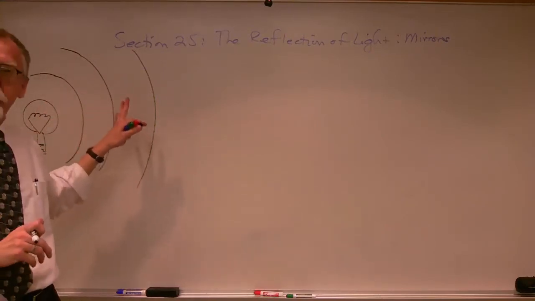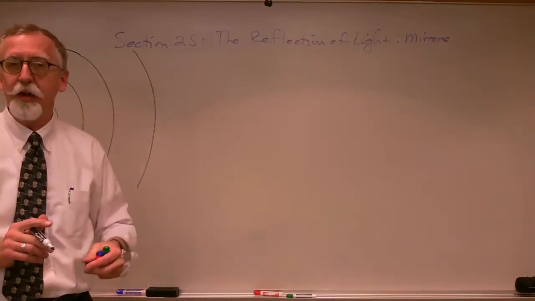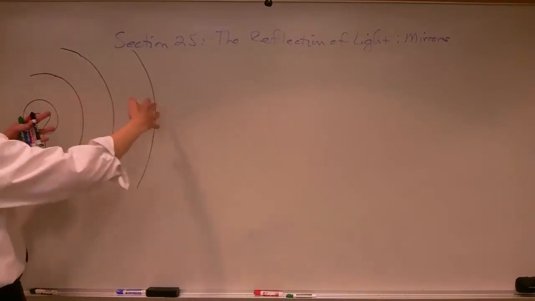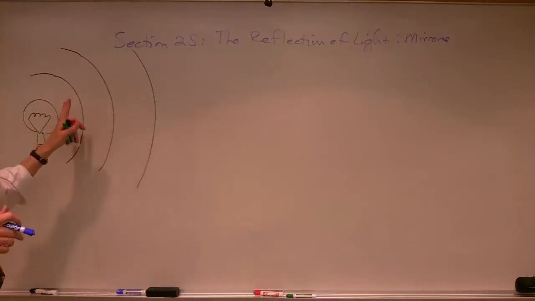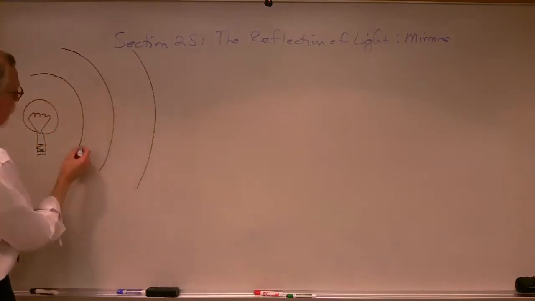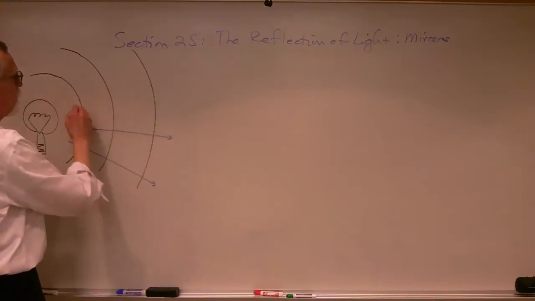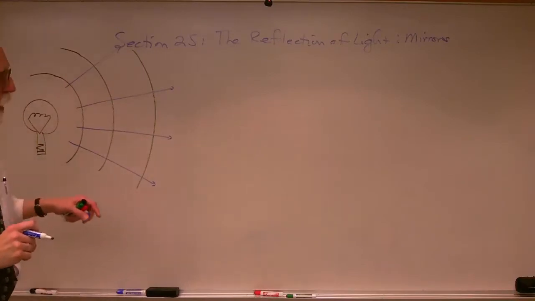Rather than looking at the peaks of the waves, we can also look at the direction these waves are traveling. So rather than looking at just these peaks that are then expanding outwards, let's imagine that we actually draw in the direction these waves are traveling. So something like this. They would always be perpendicular to the lines of maximum.